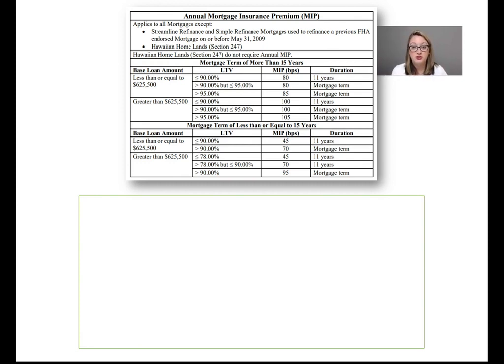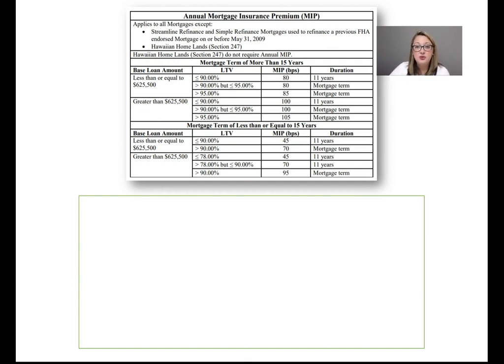So remember I showed you the exceptions before, that if it's an FHA to FHA and it was originally done before 5/31/09, they get a discounted upfront mortgage insurance premium. They also get a discounted annual premium. So just keep that in mind.